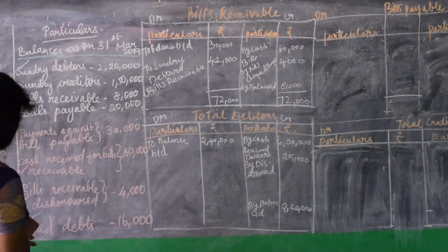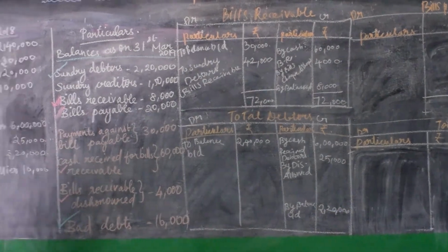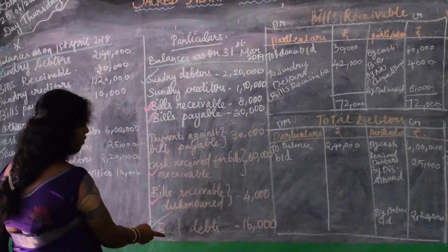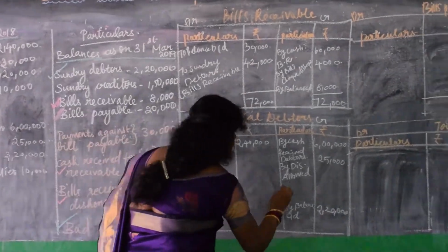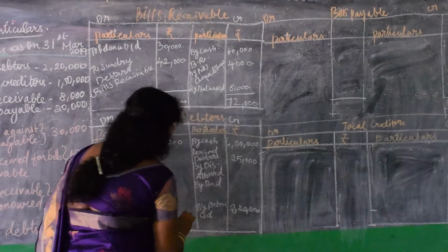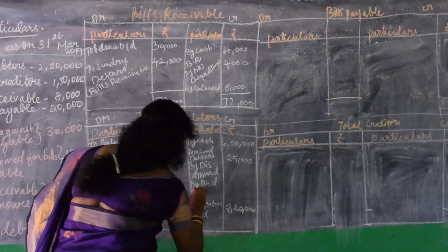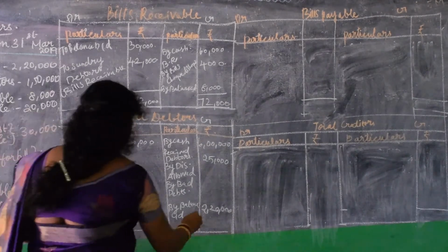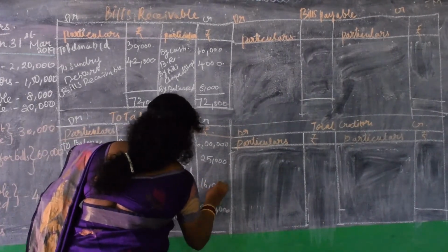Then bad debts. Note down the format which I will turn in the total debitors. In the total debitors format, you have to write the bad debts also. So write bad debts. What is bad debts? The amount which is irrecoverable. Bad debts 16,000.